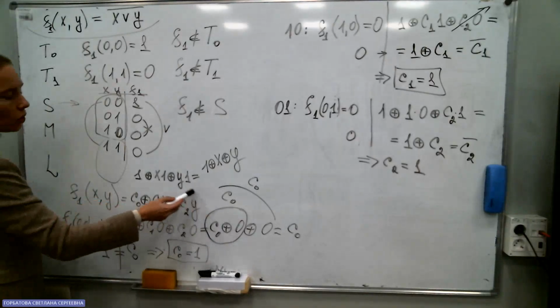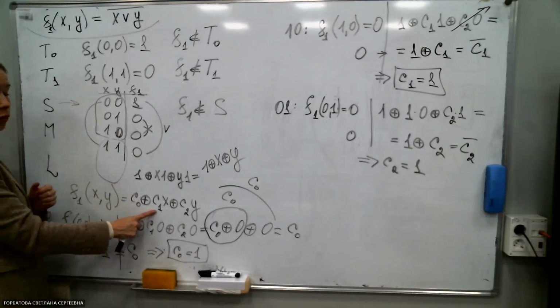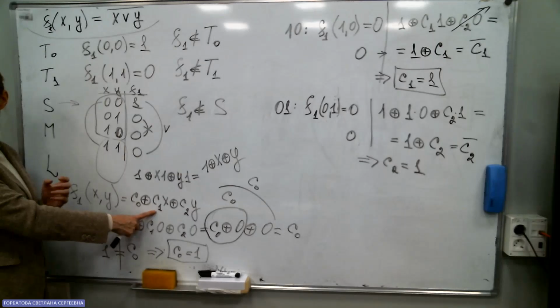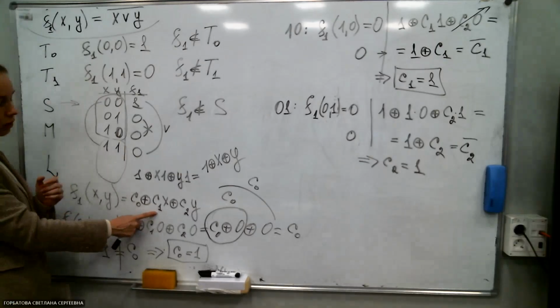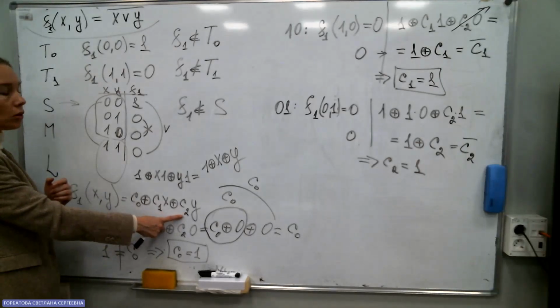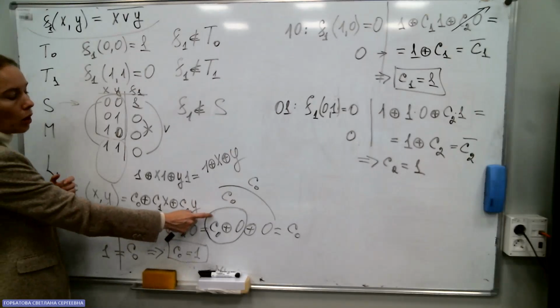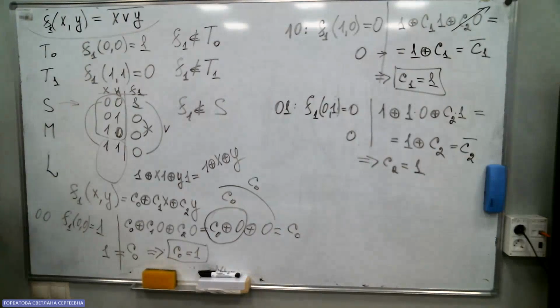And for finding all C, C0, C1, C2, and C3, we need 4 points. 0, 0, 0; 0, 1, 0; 1, 0, 0; 0, 0, 1.